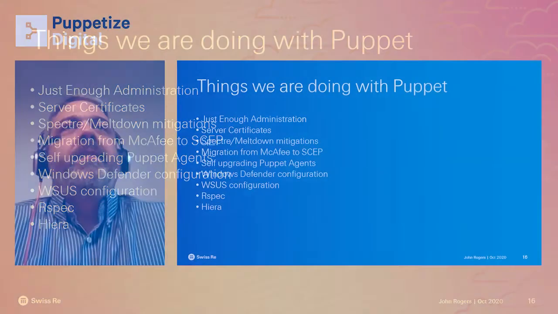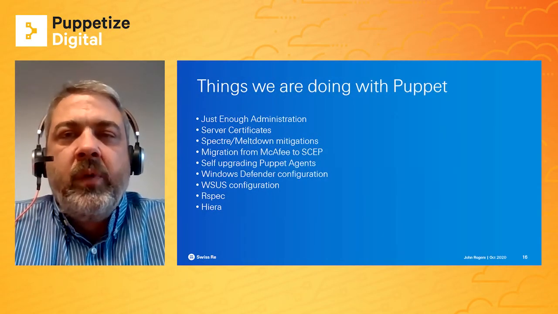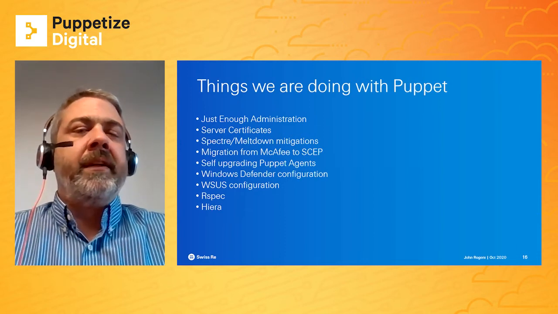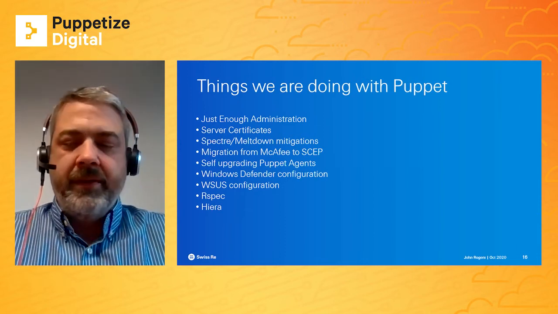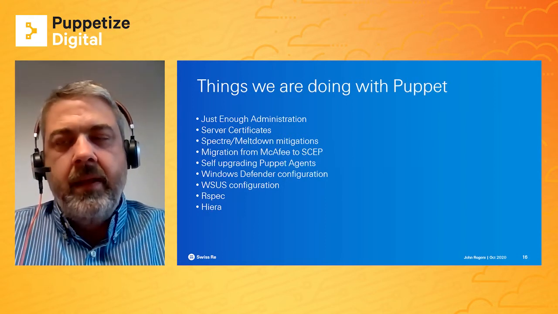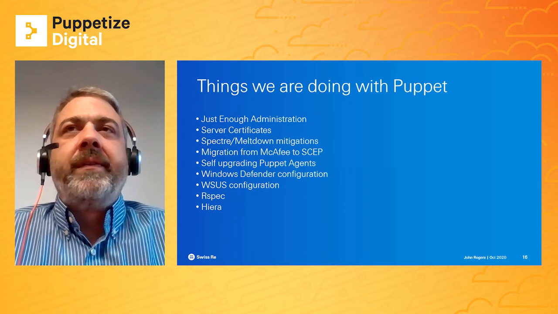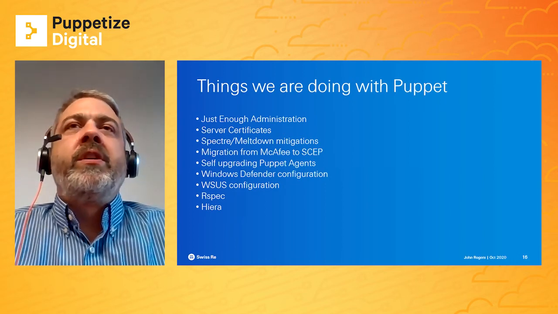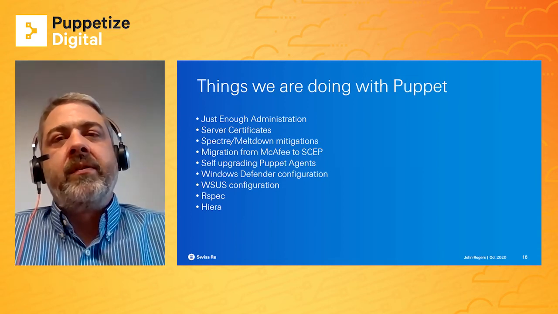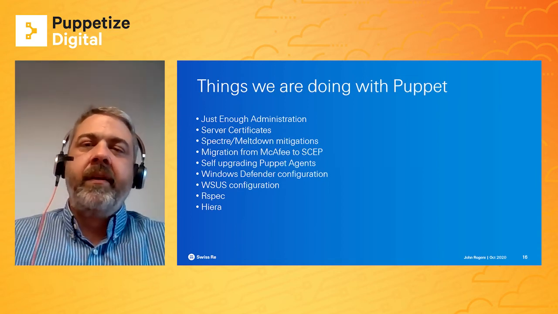Okay, so now to get into some of the newer things that we've been working on with Puppet. And these aren't really listed in any particular order. They just happen to be the way I thought about them and put them on the screen. I thought what I would show is there's a lot more you can do with Windows than just say, I'm putting some registry settings on here, or I'm setting some CIS standards.